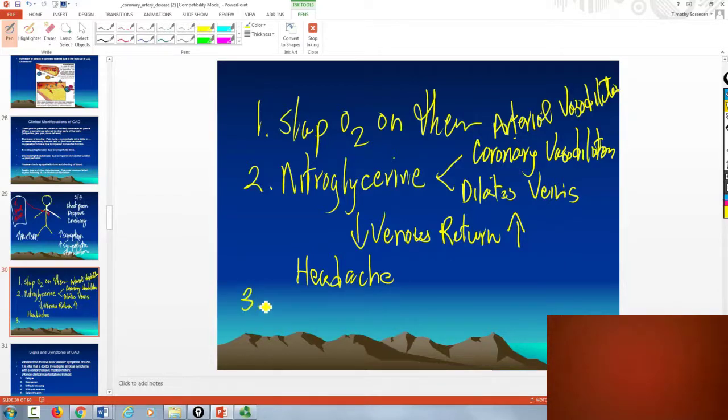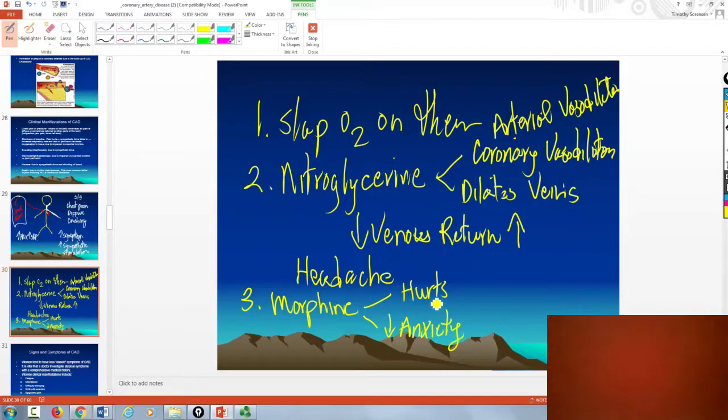The other thing that you want to give is morphine. And you give that for a couple of reasons. One, chest pain hurts. You should write that down. And morphine reduces anxiety in patients, right? So it's going to reduce their anxiety. And just so you know, morphine doesn't do anything for your pain per se.